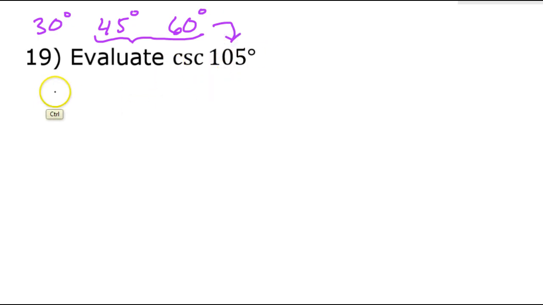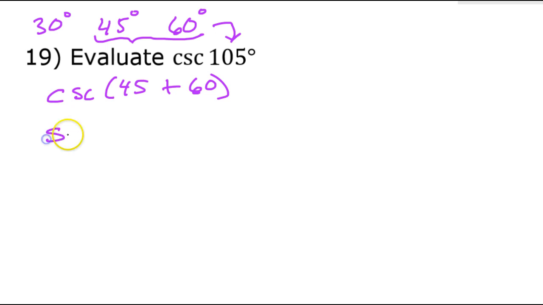So this problem would be the same thing as having the cosecant of 45 plus 60. Now, I don't know anything about cosecant other than that cosecant is the reciprocal of the sine function. So I will first find the sine of 45 plus 60, and then whatever I get, I'll just do the reciprocal of that, and that'll be cosecant.